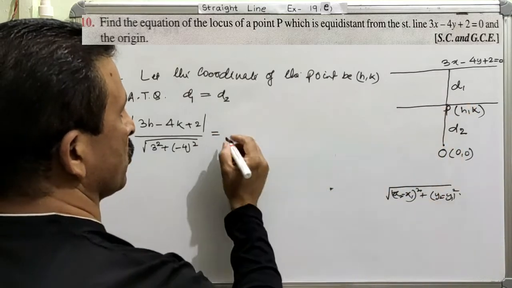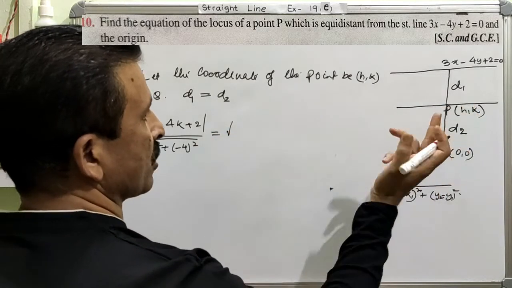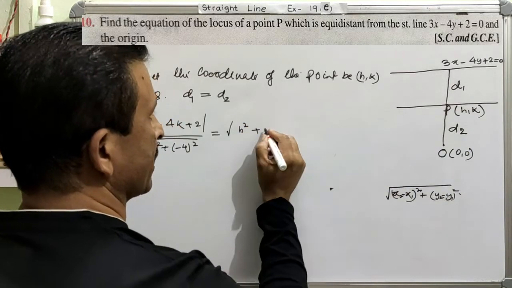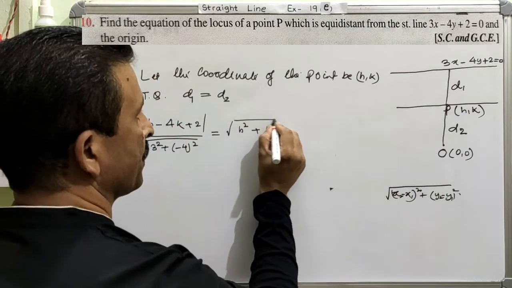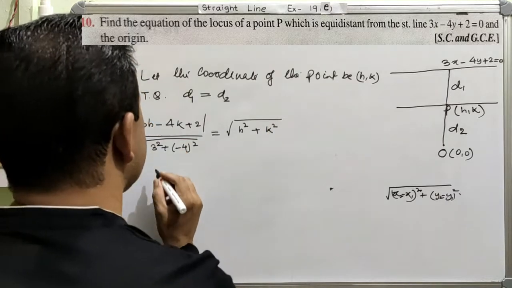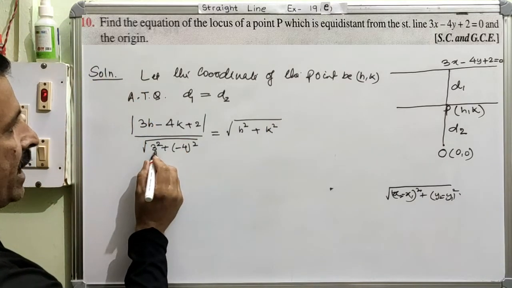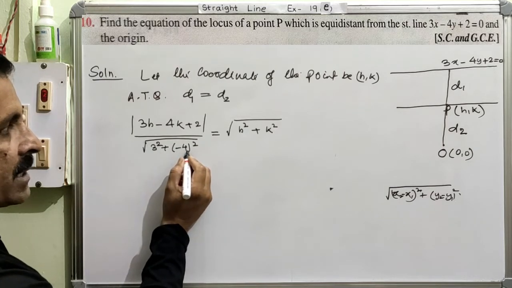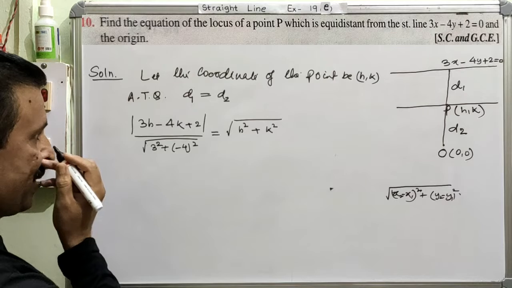So h minus 0, root over h minus 0 means h, so h square plus k minus 0 whole square. That means only k square. Is it okay? Now, this is 3 square, which is 9, and this is minus 4 square, means 16. So 9 plus 16, 25.